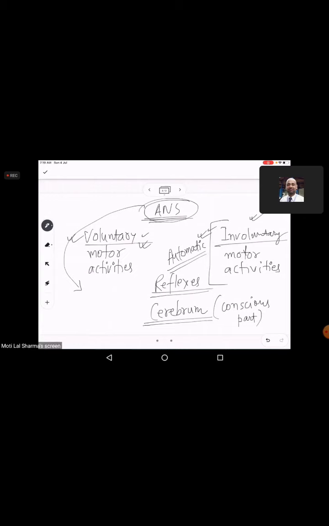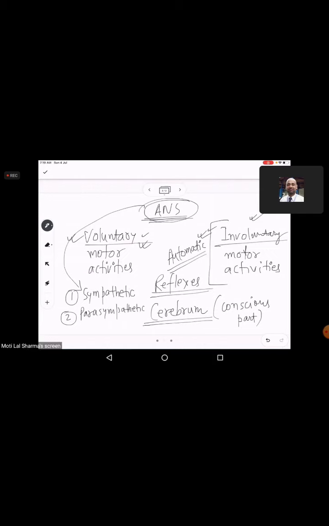And this autonomic nervous system has two divisions. We should know a little about them, as they could be asked in entrance exams. One division is sympathetic, and the next division is parasympathetic. These two divisions could be important for entrance.